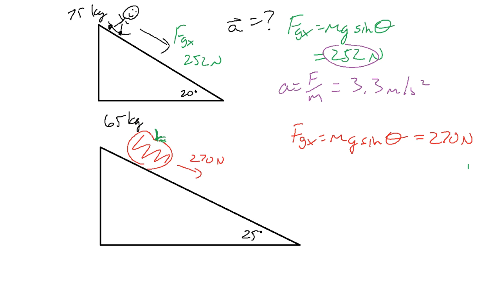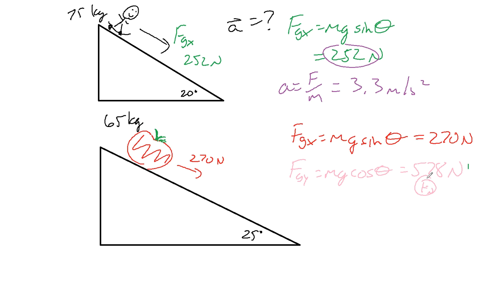Now I'm going to find my FGY. My FGY would be mg cos theta. So 65 times 9.81 times the cosine of 25 degrees, which gives me about 578 newtons for FGY.